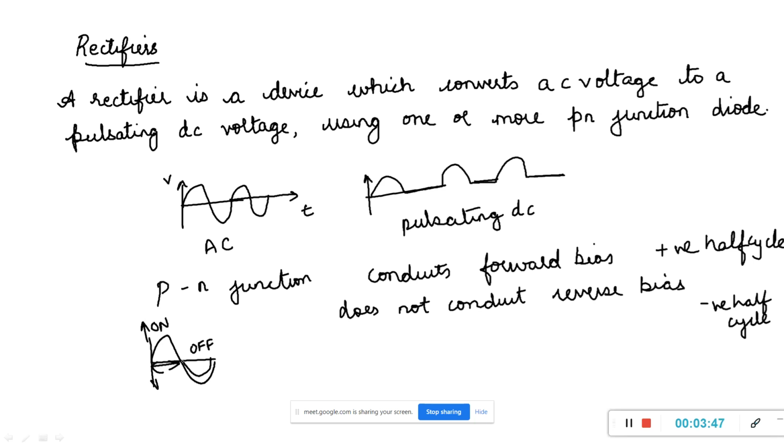So when you are applying the negative half cycle of the input AC voltage, it is reverse biased and no current flows, hence it is in off condition. So diode conducts during the positive half cycle and does not conduct during the negative half cycle because it is reverse biased.